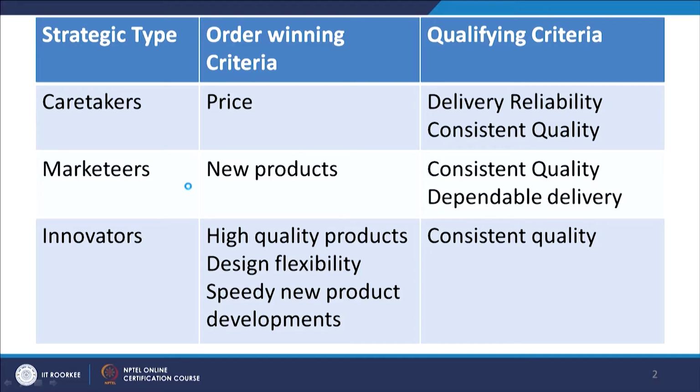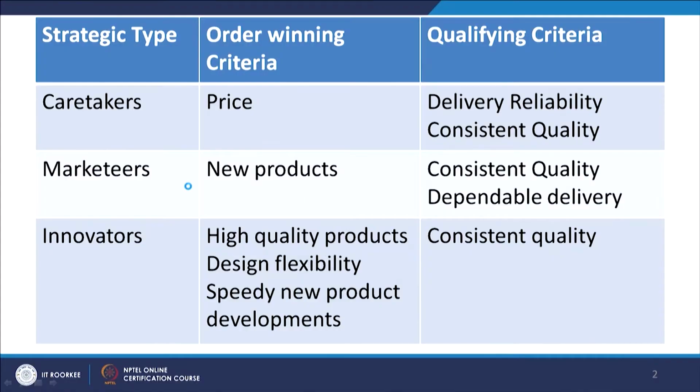But along with price, delivery reliability and consistent quality are also equally important, but not so important as price. Therefore, delivery reliability and consistent quality became the qualifying criteria for caretakers.